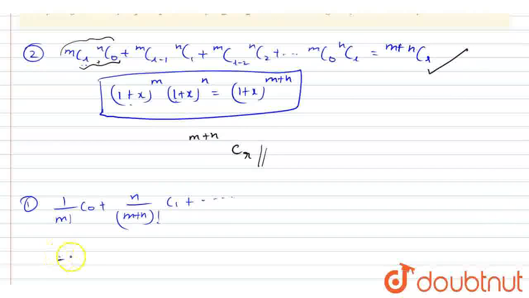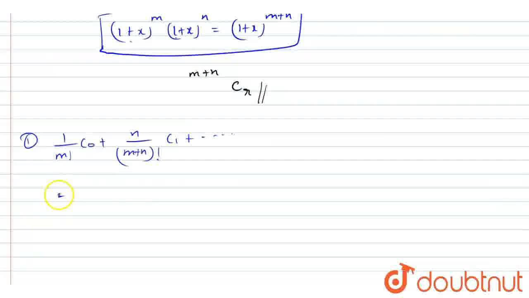Okay students. So the value is equal to: I'm going to multiply and divide in the numerator and denominator by n factorial divided by (m plus n) factorial.